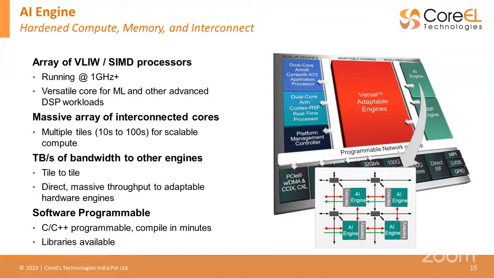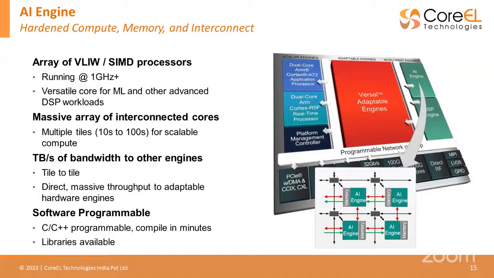Okay, so there are massive arrays of interconnected AI engine cores, which we call tiles, and they are scalable from tens to hundreds of thousands of tiles that can be used simultaneously, and they come with their own specific set of memories, so that you don't have to store the data farther away.